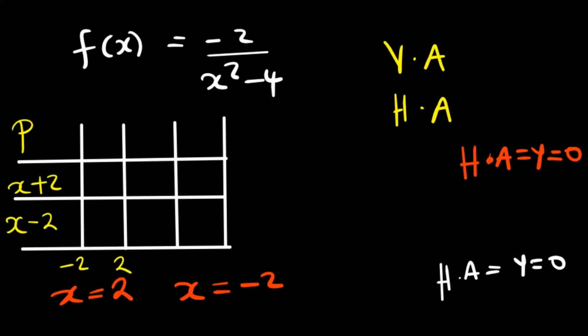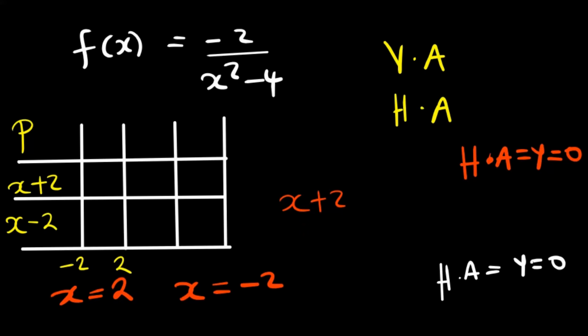Let's now put the signs. If we're going to start with x plus 2, x plus 2 is the one that gave us -2 when we equated it to 0. So if we get any number that is less than -2 and we put it in this equation, what do we get? If I put, let's say, -3, it will give me a negative answer.